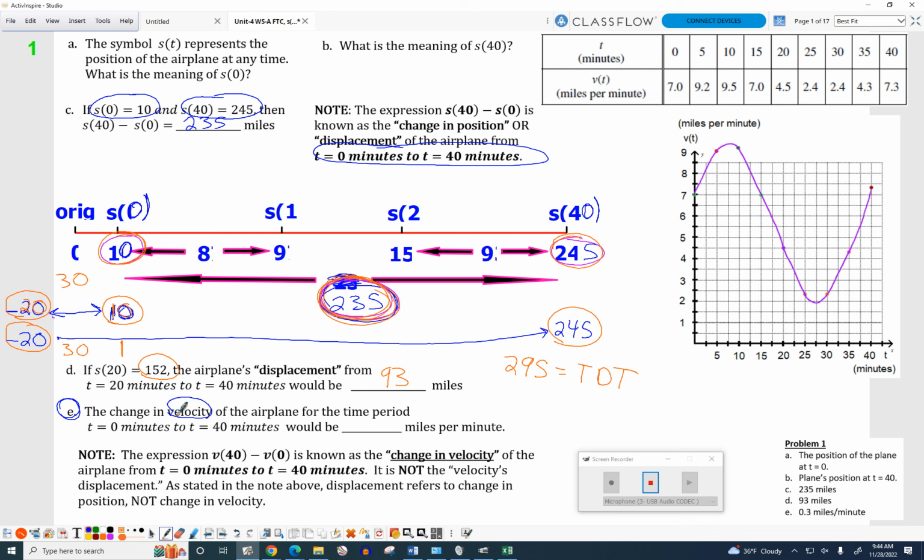Would it be 0.3? Please raise your hand if you knew the answer to be 0.3 before Charity stated the answer. 2 points, 3 for Charity. So up here it says, at time equals 0 minutes, the velocity of the plane is 7 miles per minute.